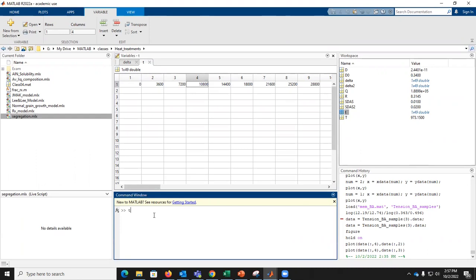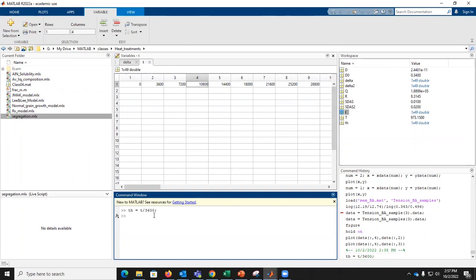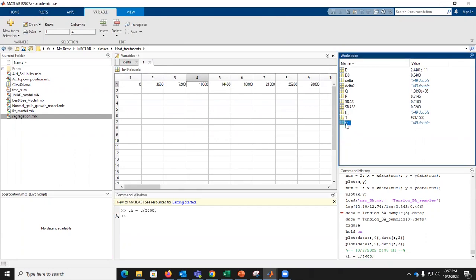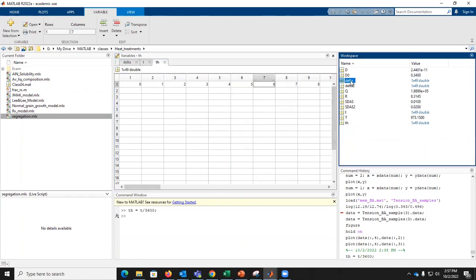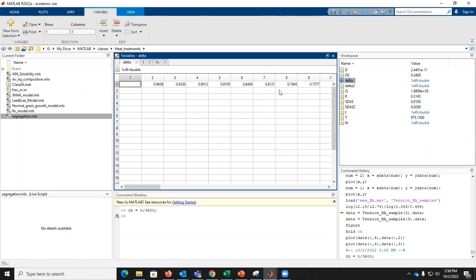So for example, if I say time in hours, it's going to be time divided by 3600. Now this TH is the time in hours, the same vector, but in hours. So we have 1, 2, 3, 4. For example, 6 hours is column 7. If I come to delta, column 7, we have 81% for this index.